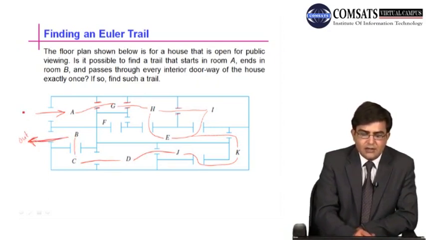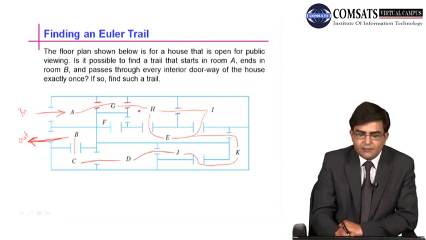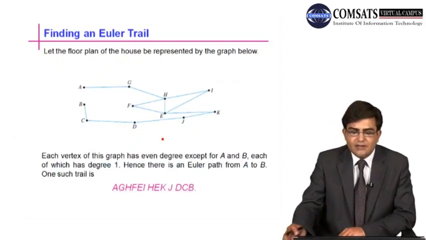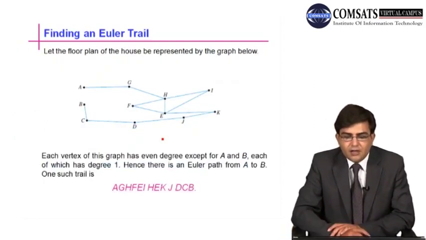This is out, this is in. Another here, from H he can go to F because there is a door here, from F he can go to E. So if we sum up all these ways, we obtain this graph. Here the floor plan of the house is represented by the graph given.